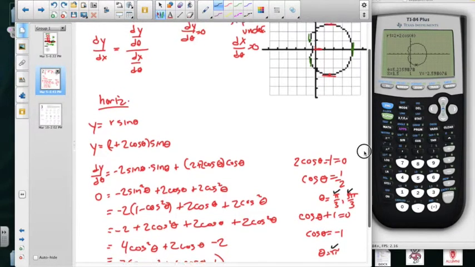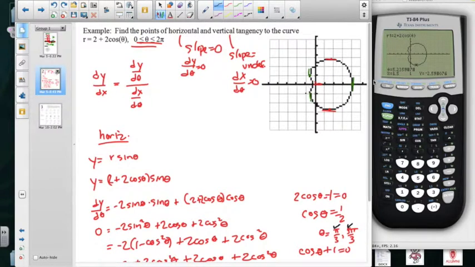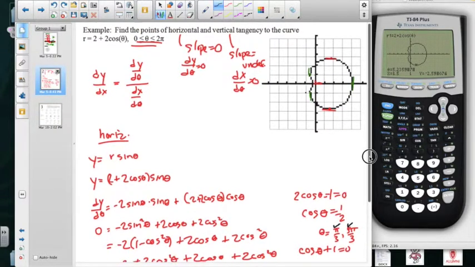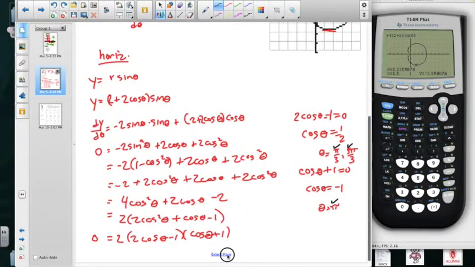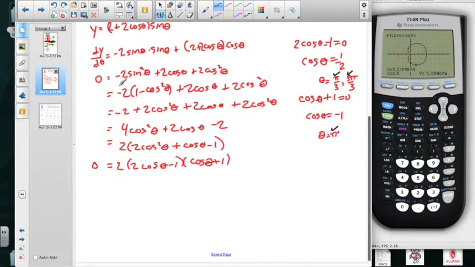Okay, and then now we can go back and look at our vertical tangents. We know we should have 3 as well. So if we go back and look at our vertical tangents, we're looking at our x, and our x parametric is defined as 2 plus 2 cosine theta times cosine theta.